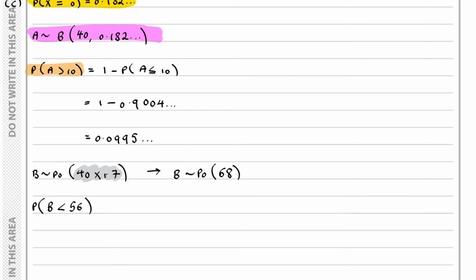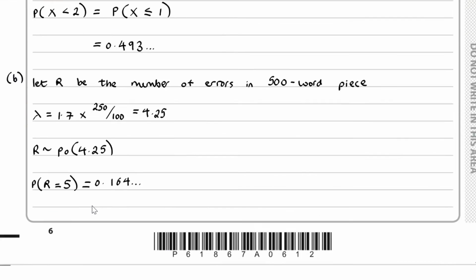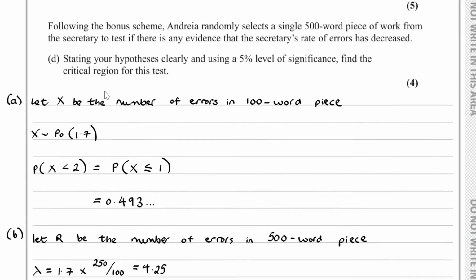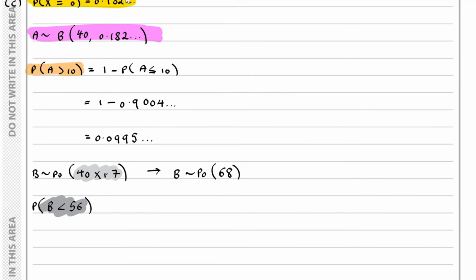We were told this in the question as well, so this bit over here is what we're looking at, fewer than 56. And this is the same as the probability that B is less than or equal to 55.